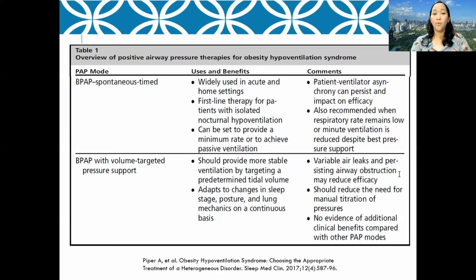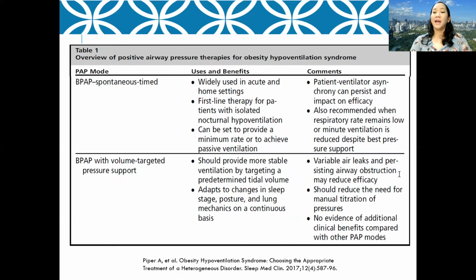increasing the pressure support. So next is the BiPAP with volume targeted pressure support. Theoretically, it should provide more stable ventilation by targeting a predetermined tidal volume, or some machines would target the alveolar ventilation. And it adapts to changes in sleep stage, posture, and lung mechanics.